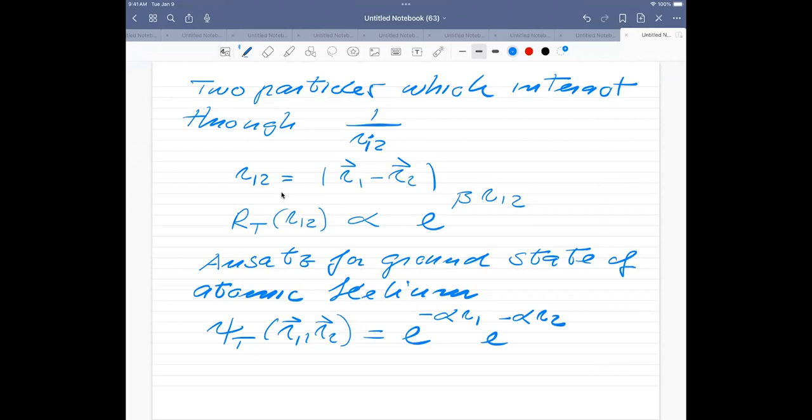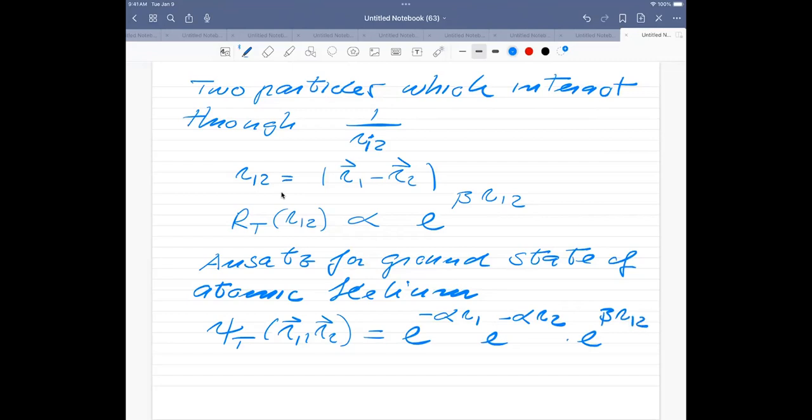So if there is no interaction, actually the ground state will be proportional to this, if it's a non-interacting system. But then I'm going to replace that one. Since I have an interaction now, I could write it like an e to the beta with a new parameter of R12.